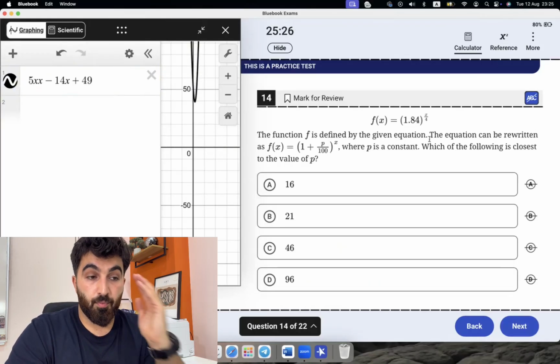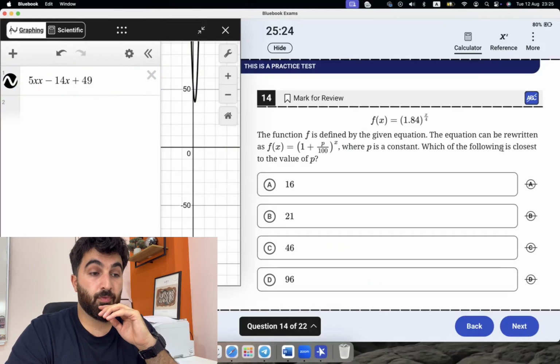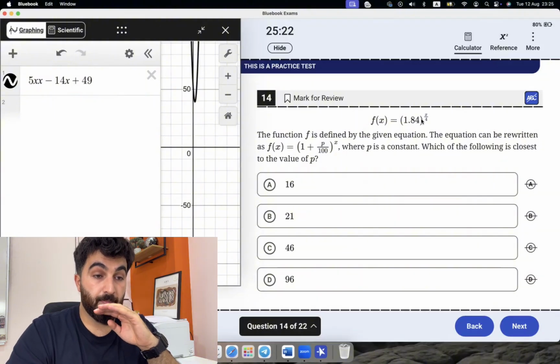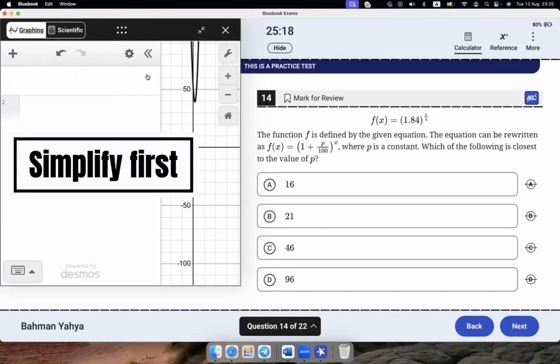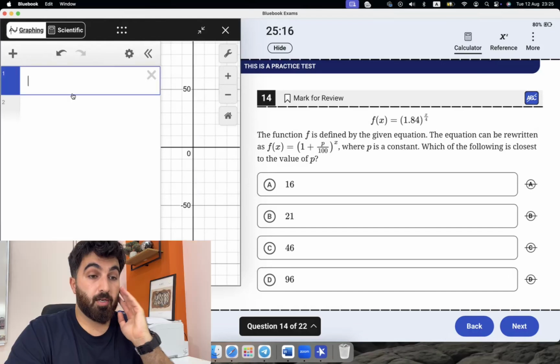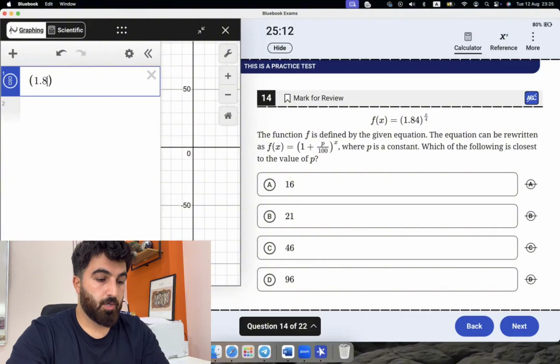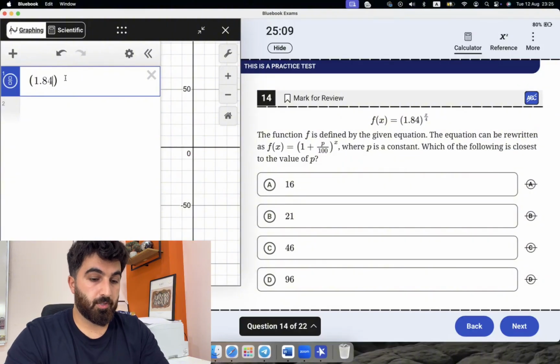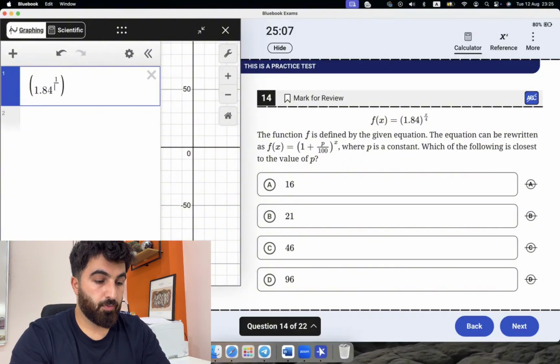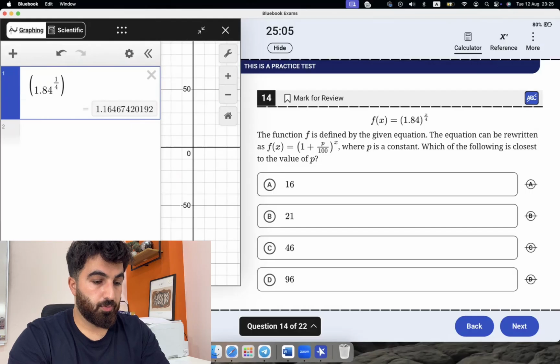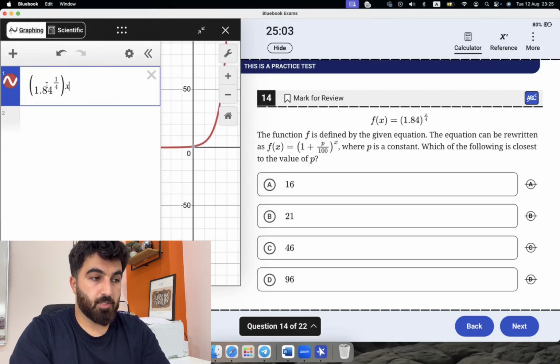And next one, we are given f(x). Which of the following is closest to the value of p if this one is equal to that one? So what does it mean? Can I just write 1.84 raised to x over 4 like this, raised to 1 over 4 and raised to x? That's the same thing, right?